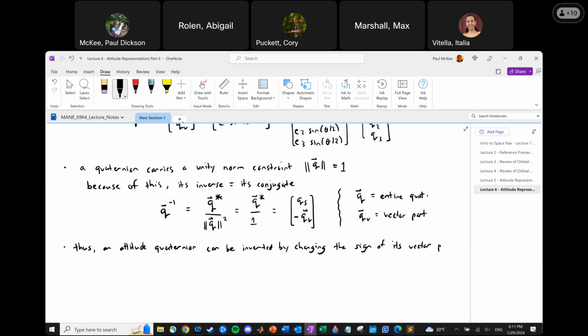Good enough. And this is equivalent to rotating theta about negative E, or rotating negative theta about positive E. It's the same idea either way. This is exactly what we had said before, just written out.